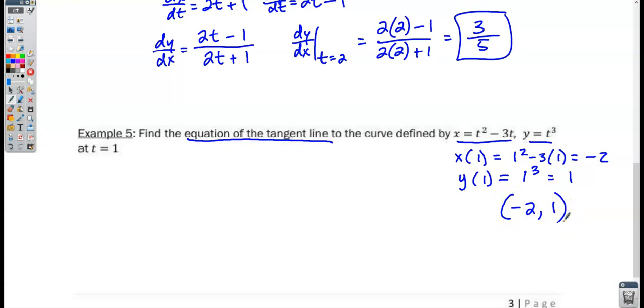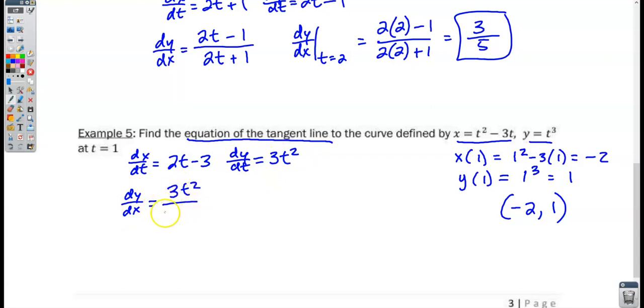And then I need the derivative at time 1. So I'm going to find dx dt. That's 2t minus 3. I'm going to find dy dt. It's going to be 3t squared. So dy dx is equal to 3t squared over 2t minus 3.